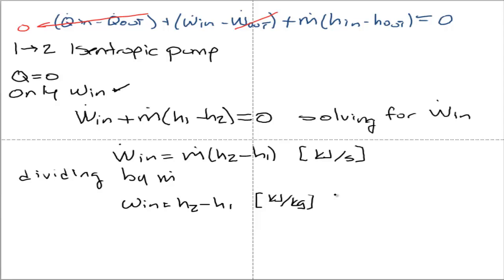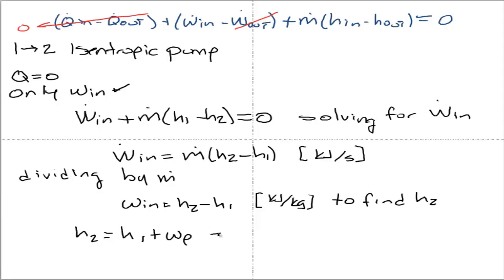State 2 is a subcooled liquid, and we don't have any tables to find subcooled liquid. So what we usually do is solve this equation for h2, and make a simplification to get the work of the pump.